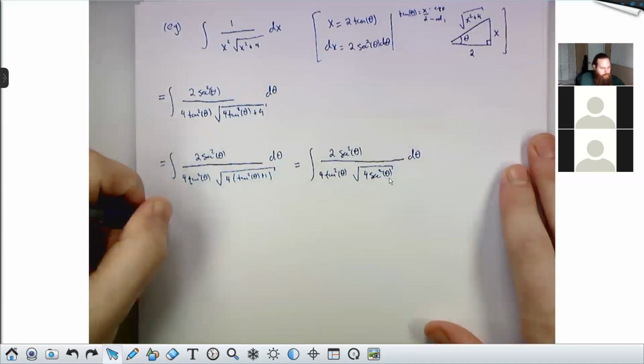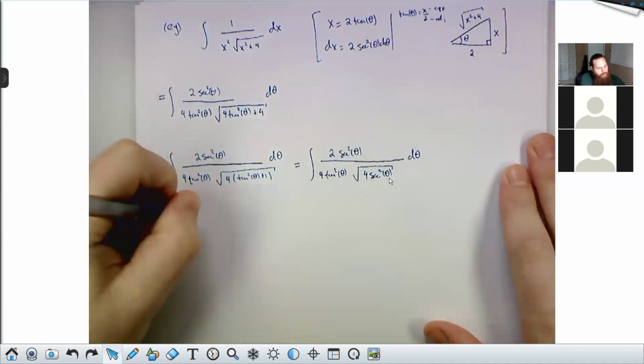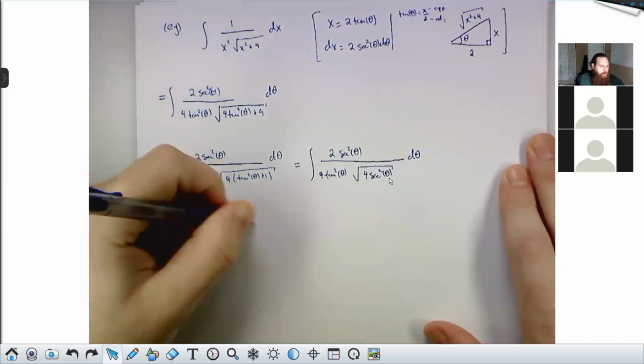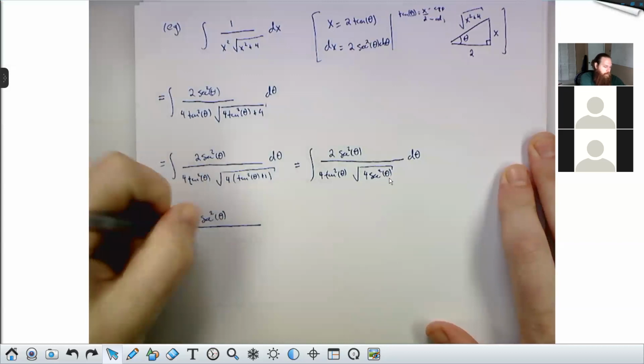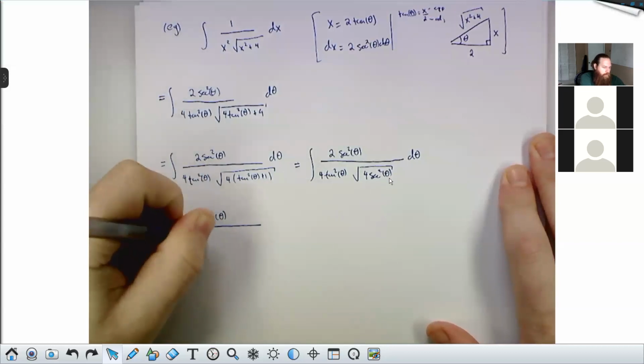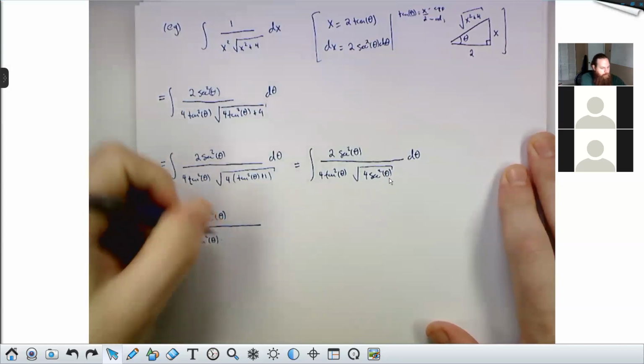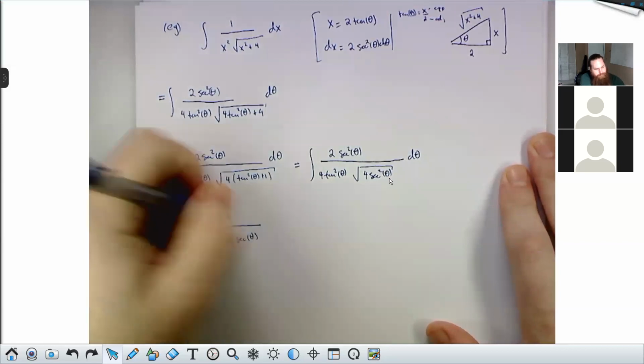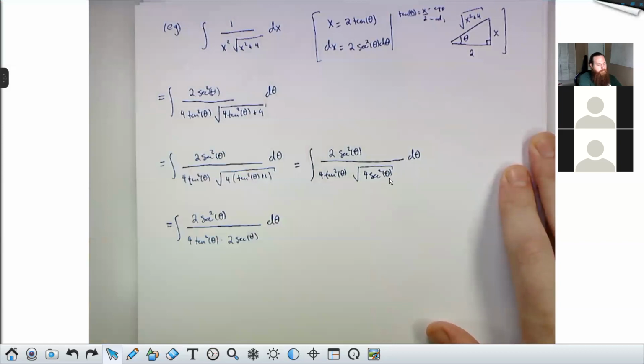So altogether here I'll have integral 2 secant squared theta over 4 tan squared theta times 2 secant theta d theta. So downstairs I have 4 times 2 is 8. Upstairs I just have a 2.